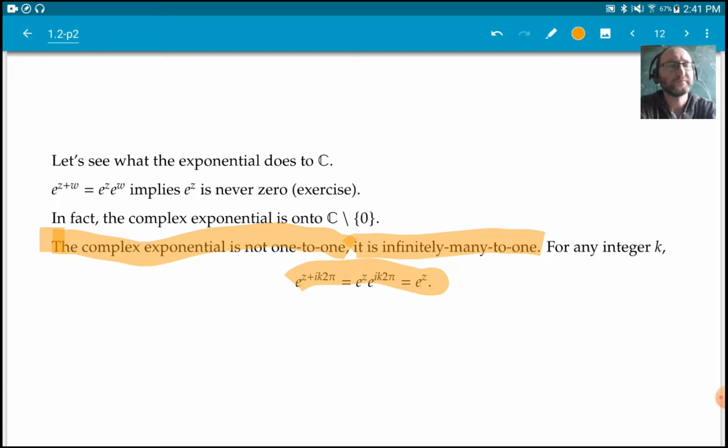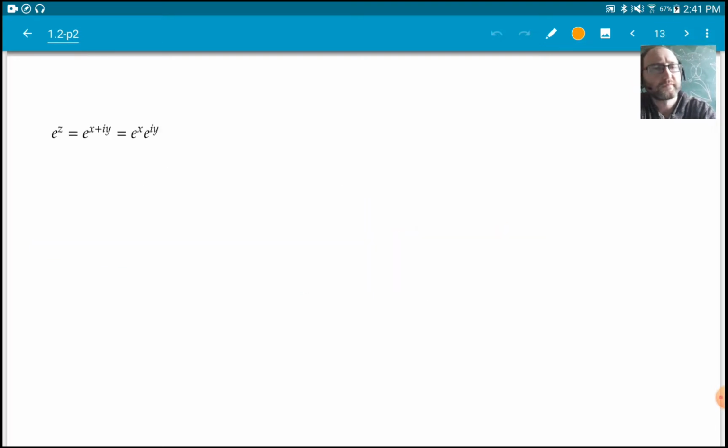But it is onto. That's not hard to see just by looking at this. I can clearly get any complex number once I know the polar form of it.